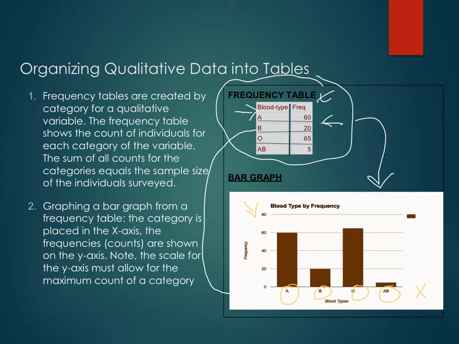From this particular graph, we can see that the O blood type is the most frequent at 65, and the least frequent appears to be AB blood type.